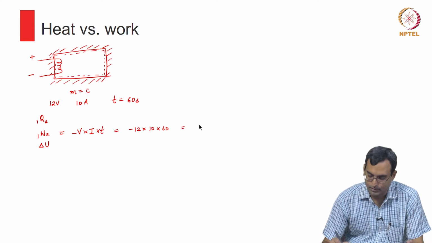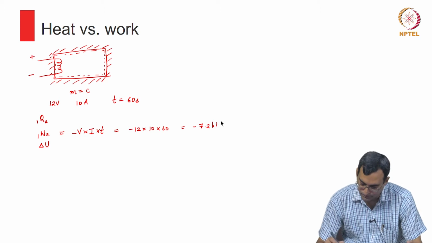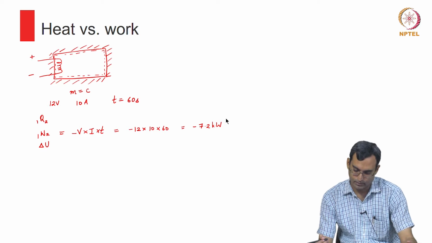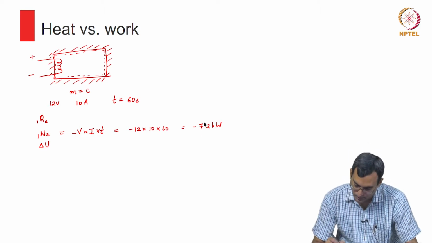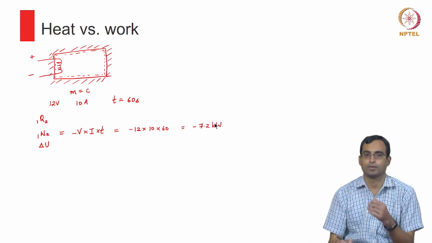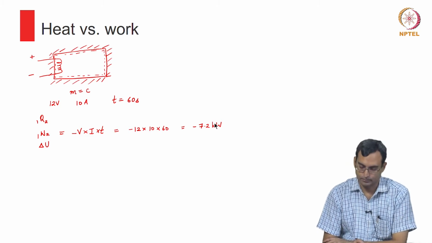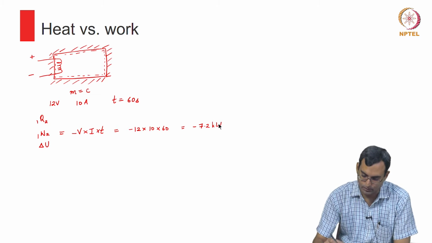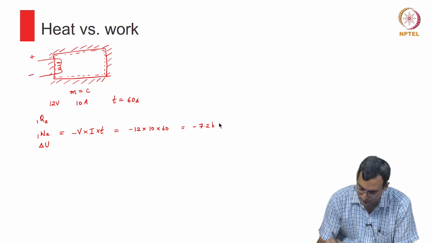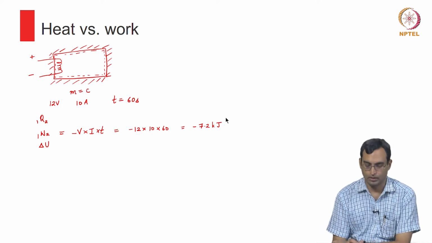So I have about minus 7.2 kilojoules. We are looking, I have already multiplied by time, so this is in kilojoules. So I have the work interaction to be minus 7.2 kilojoule.